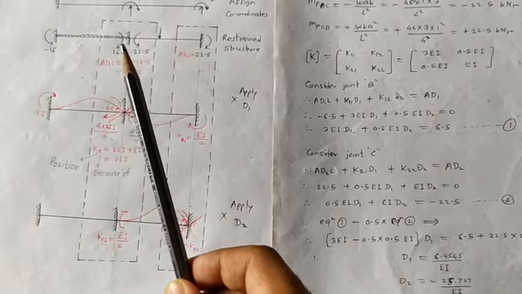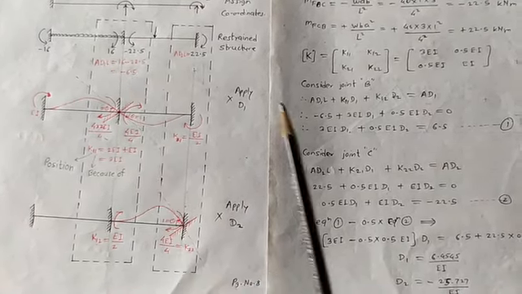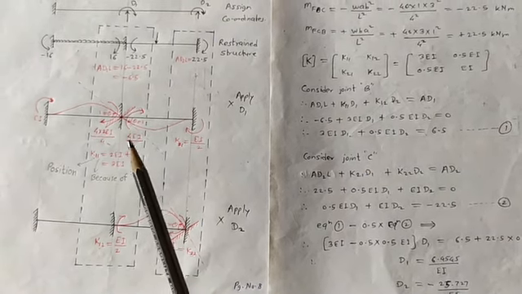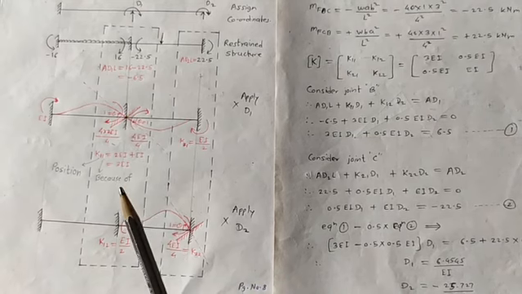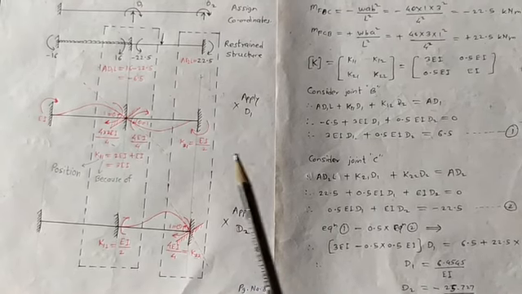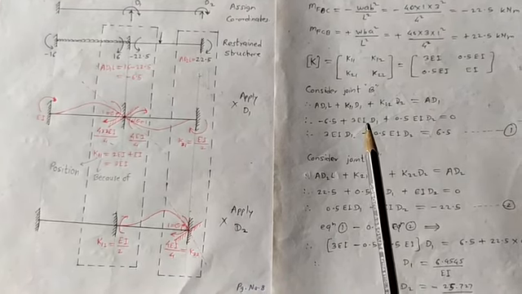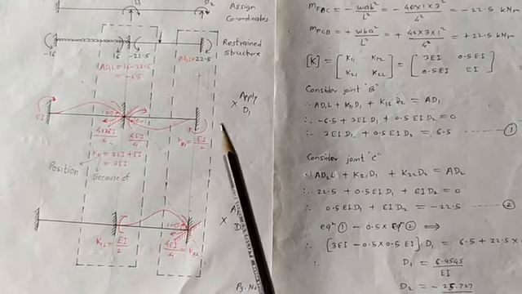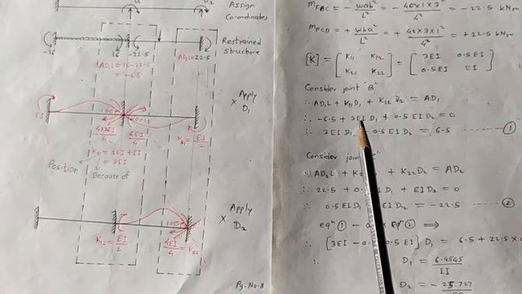Adding these, we get minus 6.5. Next, at joint b we get the moment 3EI, so plus 3EI, and this total diagram is multiplied by d1, that's why it is multiplied by d1.